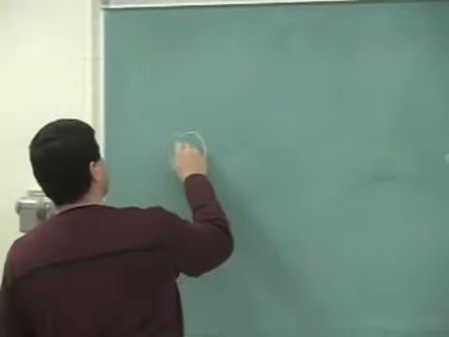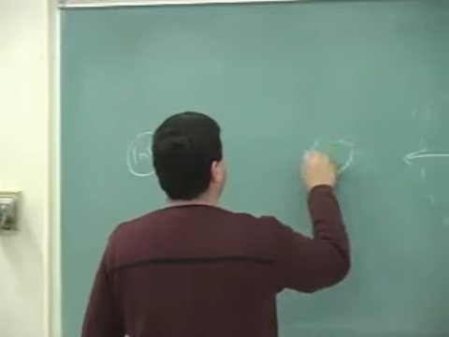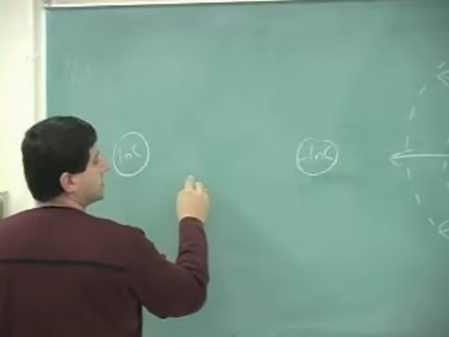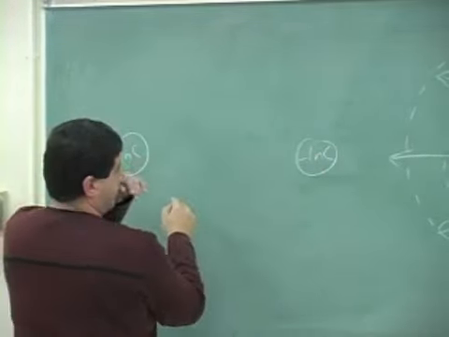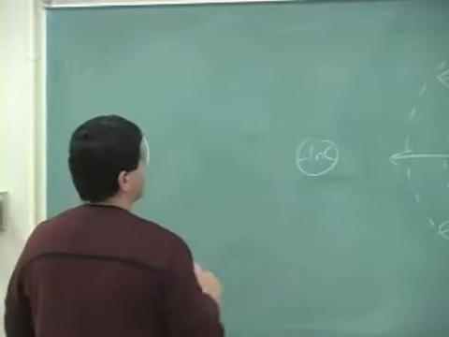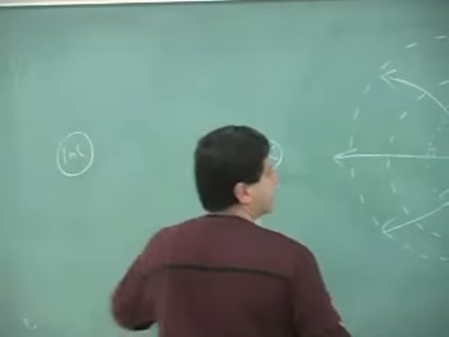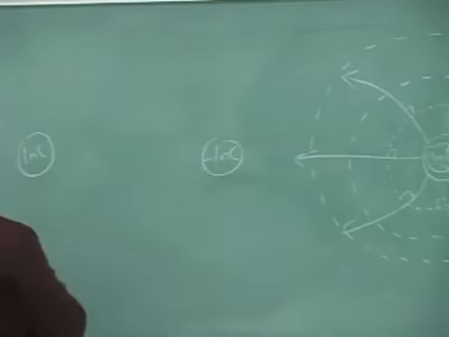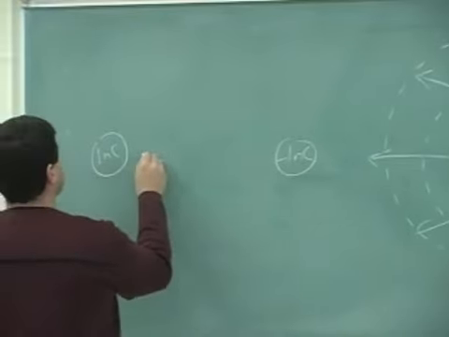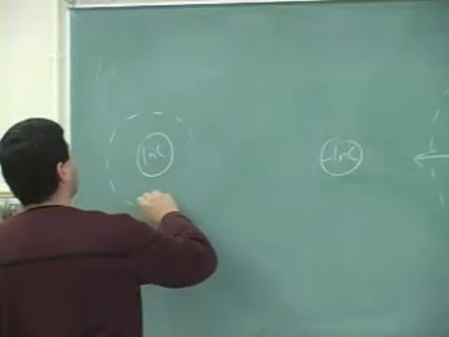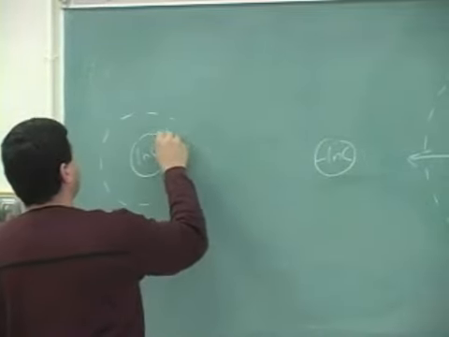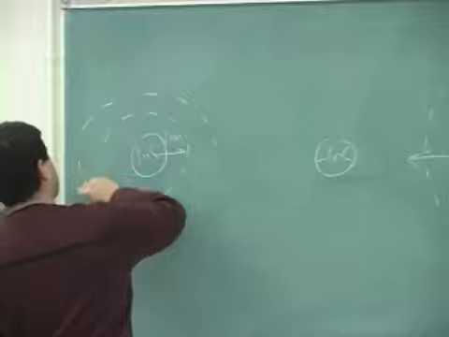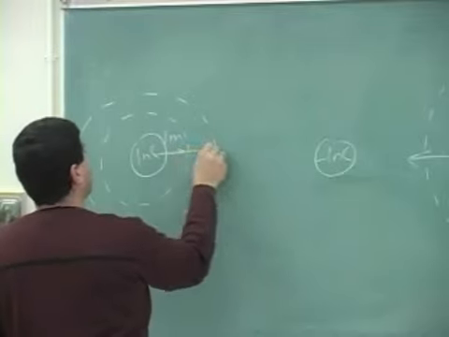Let me make it with a little less clutter. Let's make them 6 meters away, and then this is an equipotential surface 1 meter away, 2 meters away.